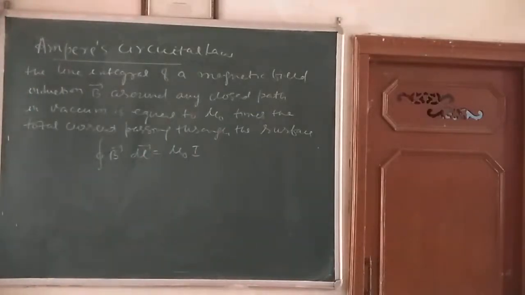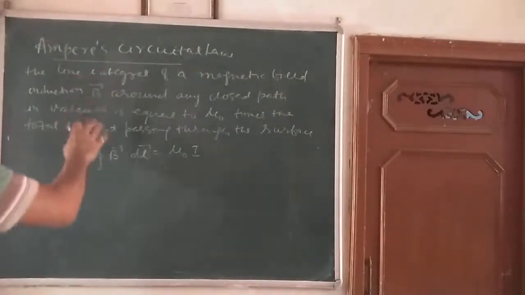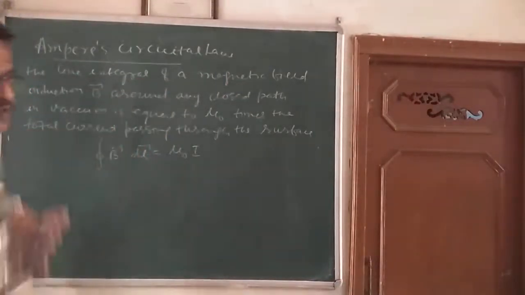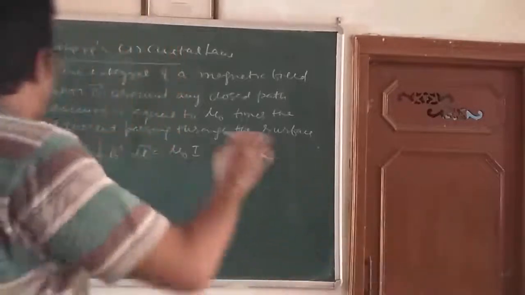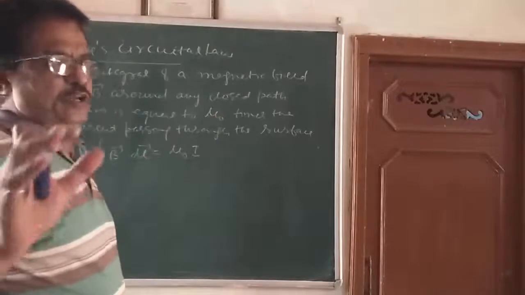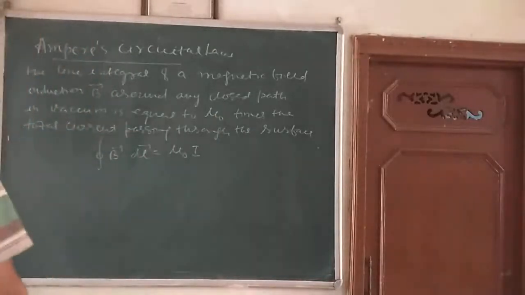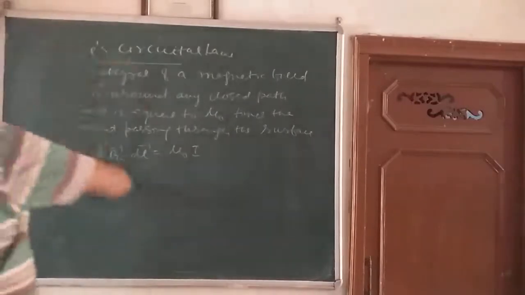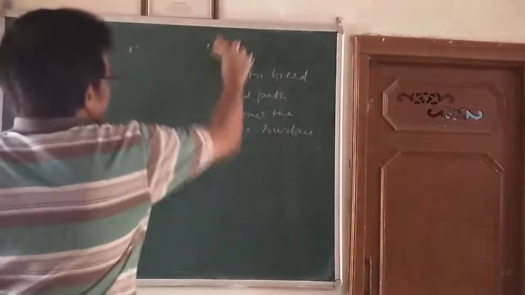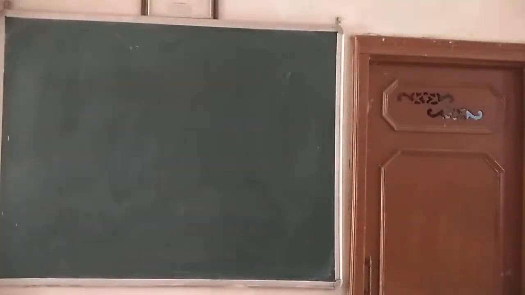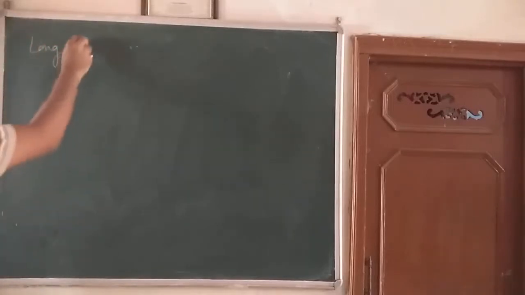So now we'll take Ampere's circuital law in this manner: the line integral of a magnetic field induction B around any closed path is equal to mu naught times the total current passing through that surface. Now we take one application here, that is magnetic induction due to a long current carrying wire.